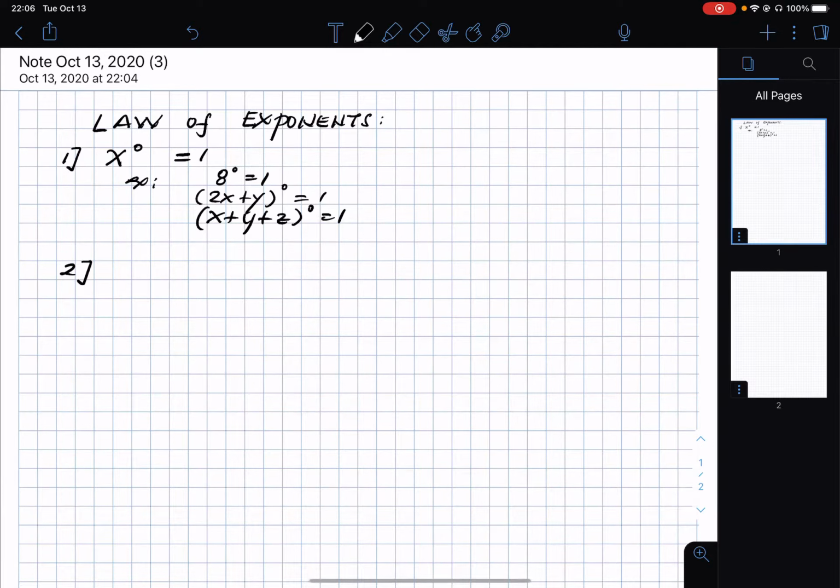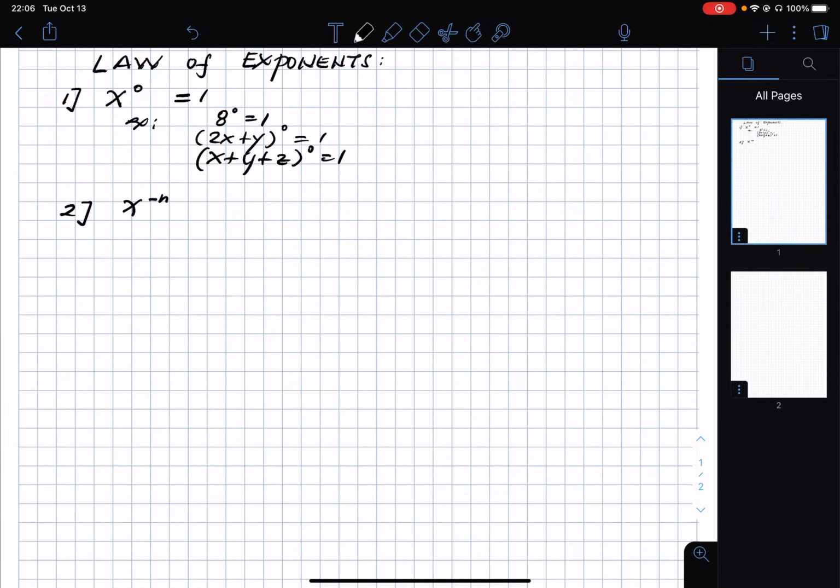Okay. Second, x raised to the negative exponent. x raised to negative n is equal to the inverse, the reciprocal. So what we mean by that, that will be 1 over x raised to n, inverse reciprocal.